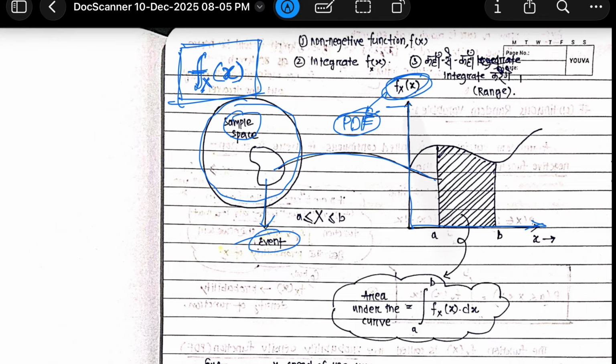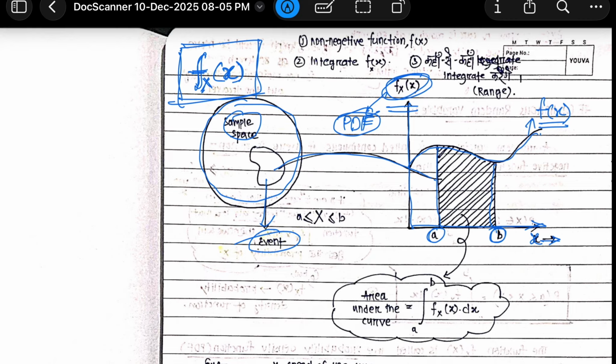So if you are doing the PDF, and you make a graph with respect to x, and in your y axis you have f of x, then you are drawing a graph. Suppose this is the function. So you need to know the values in between a to b.